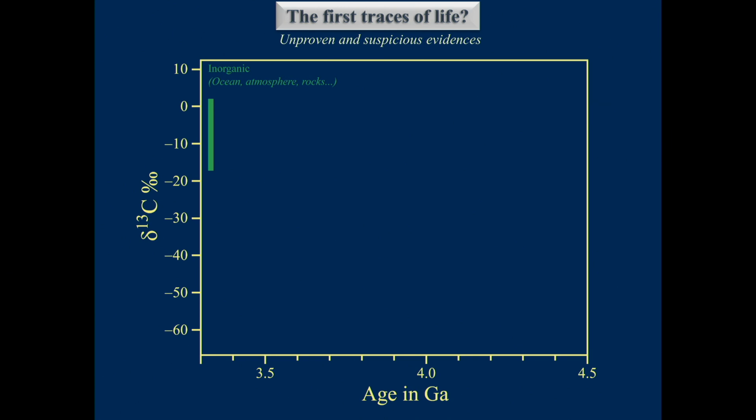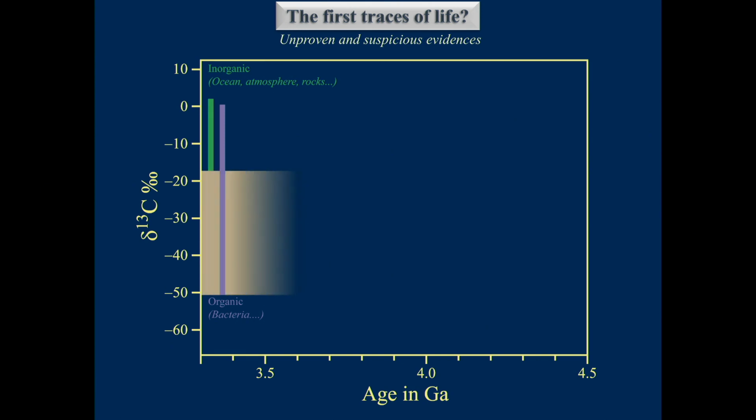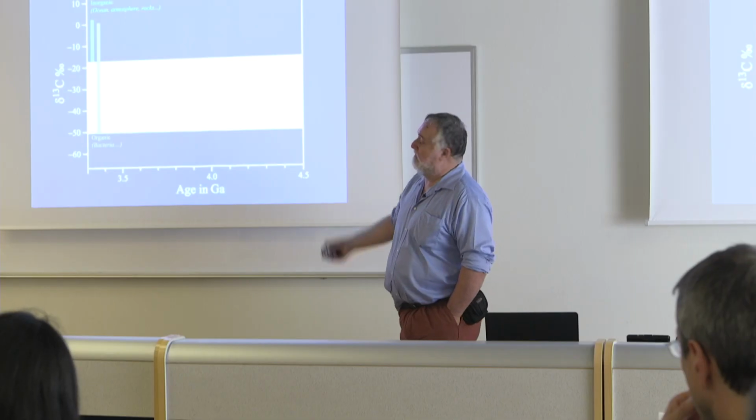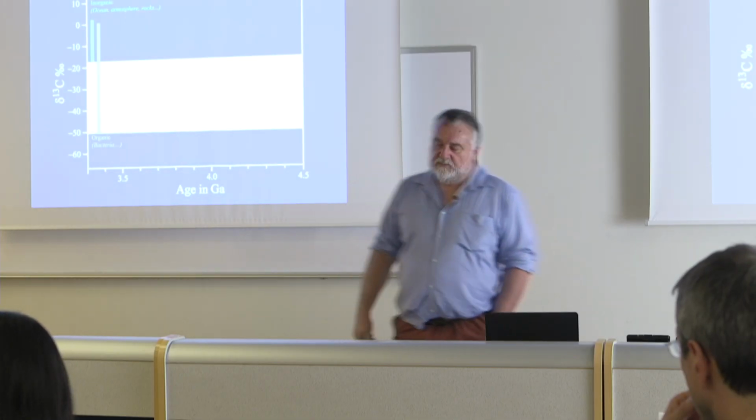Most of the rocks fall in this range of value. Here is organic carbon, so in bacteria and in living beings. So it seems that there is a range where there is no overlap of the values, and between -20 and -50, it seems that this is typically an isotopic signature linked to organic, to life.